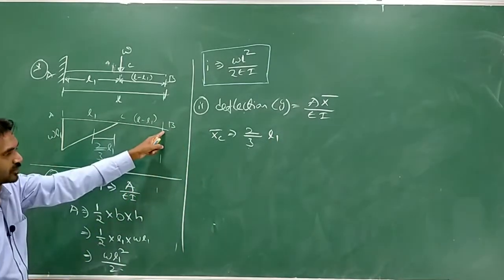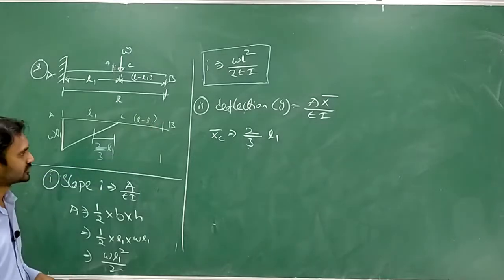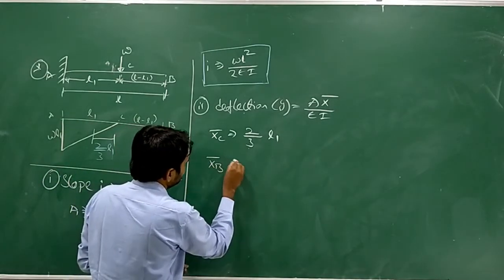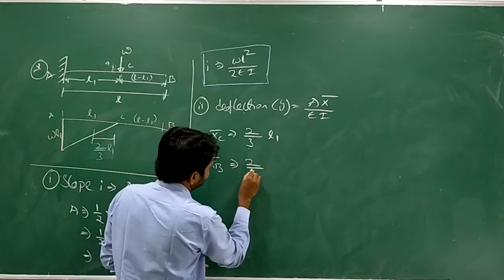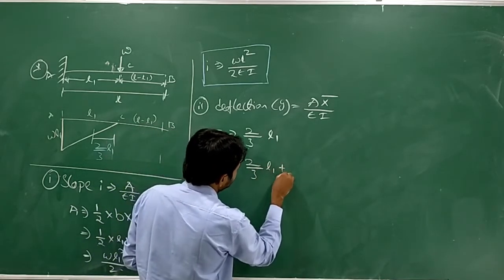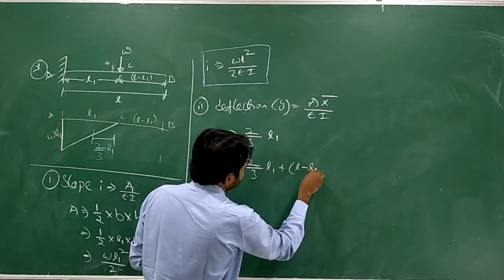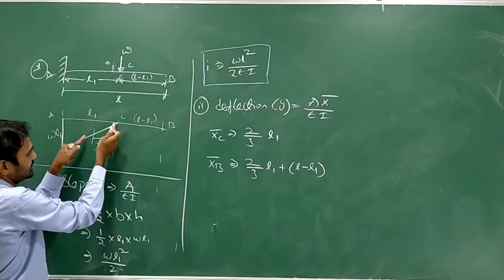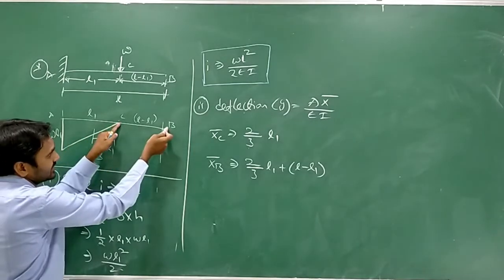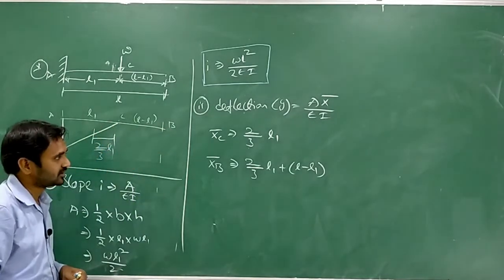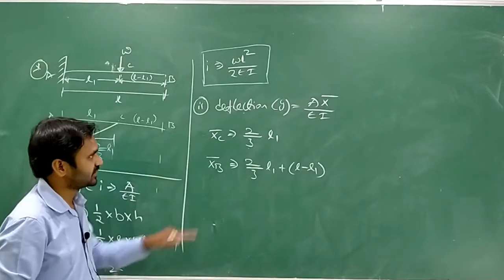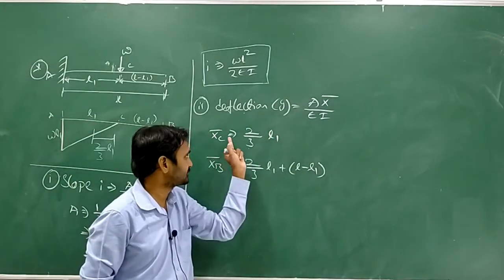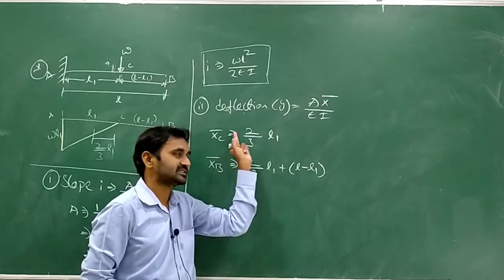Similarly, for point B, x bar at B equals 2/3 of base plus L minus L1. You have to add this distance L minus L1 because the x distance extends over it. This is from B, this is from C. Now you will have two deflections, one at B and one at C.